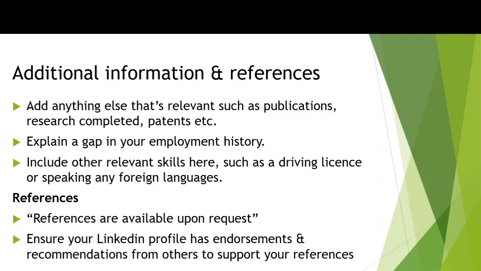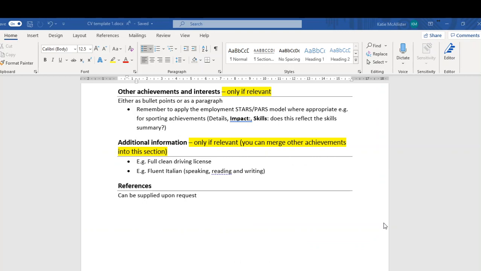If we go back to your CV, you can see in your CV that you can separate out other achievements and interests and the additional information, or you could choose to put them together. So if I've only got one thing under other achievements and I'm also struggling for space, I would probably pull those two paragraphs together and I would call it other achievements and additional information, or just additional information.